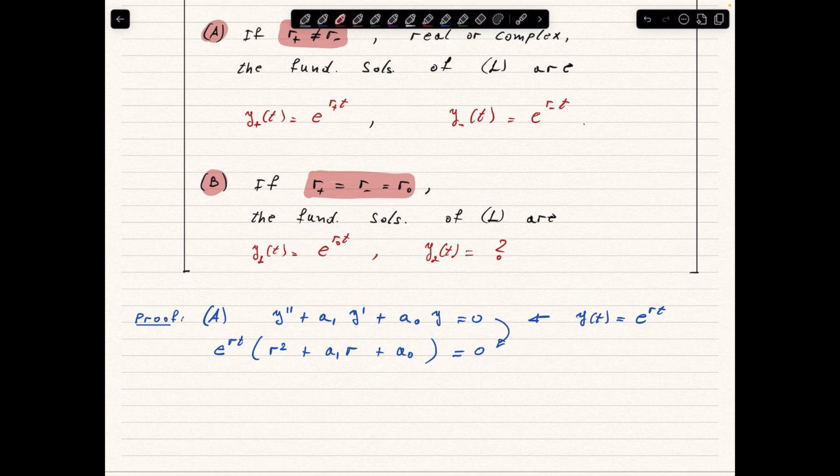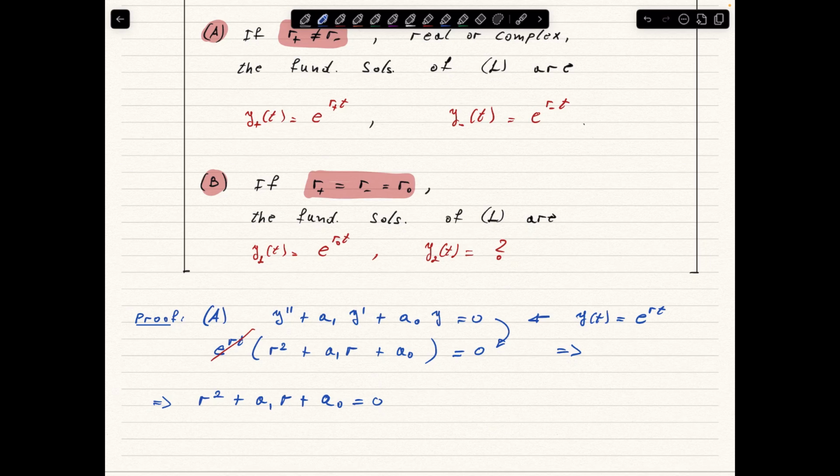Then we can do the cancellation we did before, and from here we end up with the characteristic equation. We end up that r has to be a solution of r squared plus a1 r plus a0 equals 0, which is the characteristic equation.